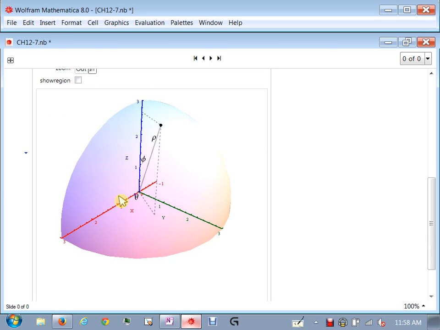Okay, so in cylindrical coordinates, what we just did, when we had our theta between two constants, and our radius between two constants, and our z between two constants, our region looked like this.